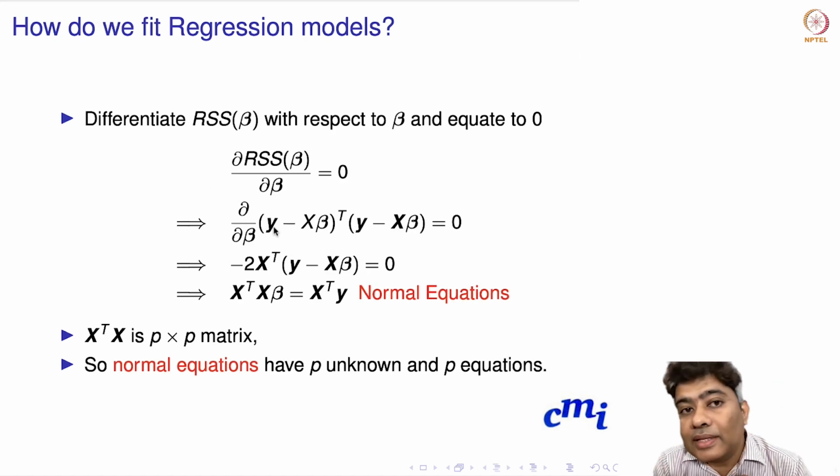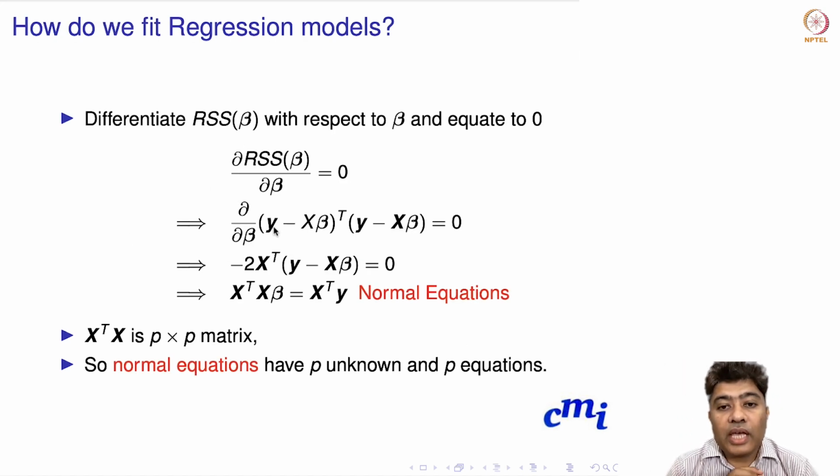So how can we get this minimum? The easiest thing is you differentiate this residual sum of squares with respect to beta and set it equal to 0. So what is my residual sum of squares of beta? y minus x beta transpose times y minus x beta, and differentiate it with respect to beta and set it equal to 0.